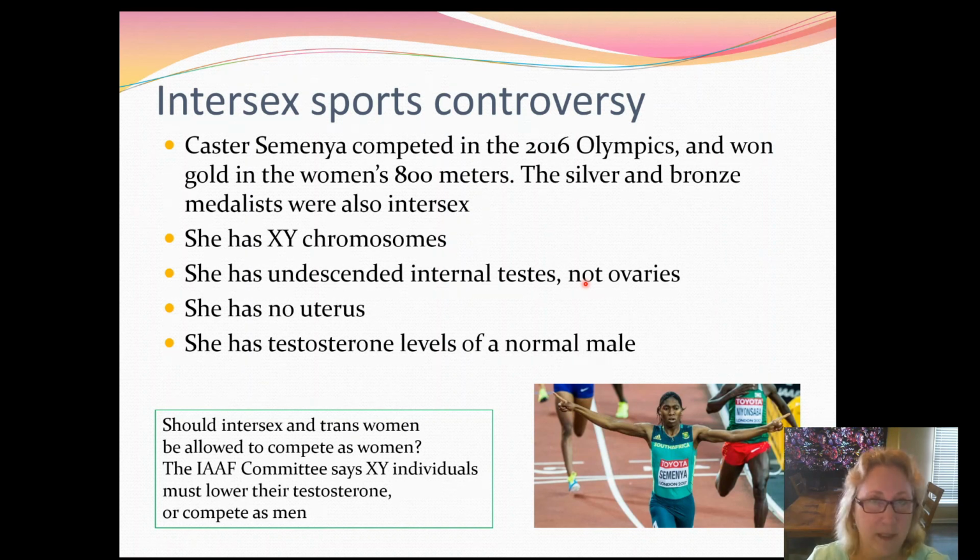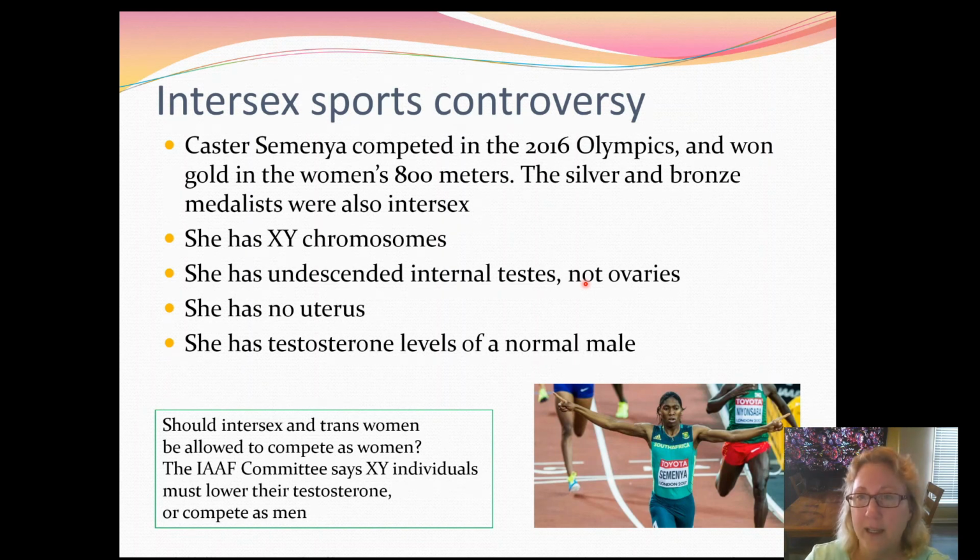Now, Caster Semenya also says that she identifies as female, and she considers herself to be a woman. But she is also an intersex individual. Intersex, remember, is something that we can measure. We can measure things on intersex individuals. It's not just an issue of self-reporting like it is at this time with transgender individuals.